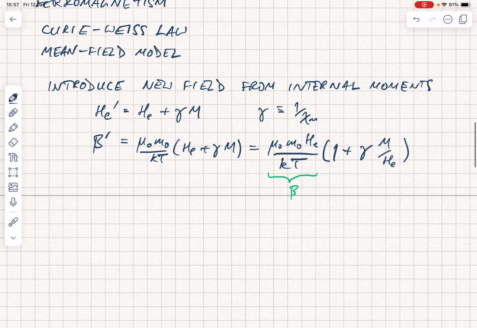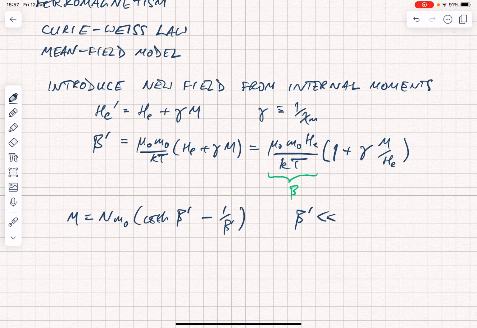Okay, so what's the effect of this? Well, what we find is that M, the magnetization, is now equal to N m0 into coth of beta prime minus 1 over beta prime. Please note that in particular here beta prime is very, very much less than 1, and so the temperature T is large, and we'll say what it's large with respect to in a moment.